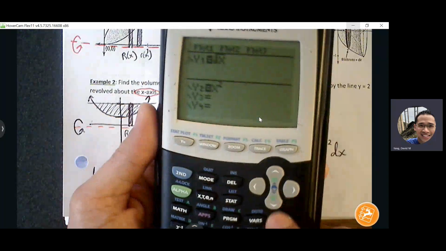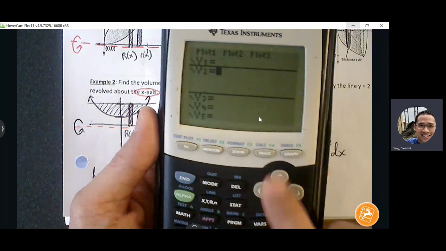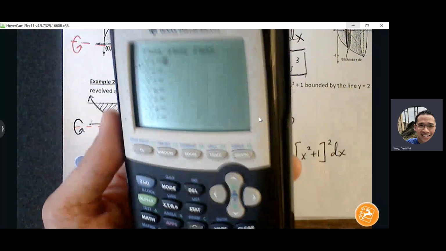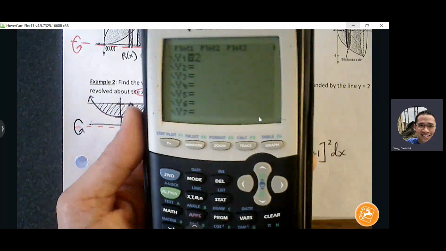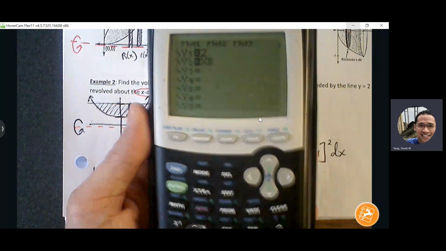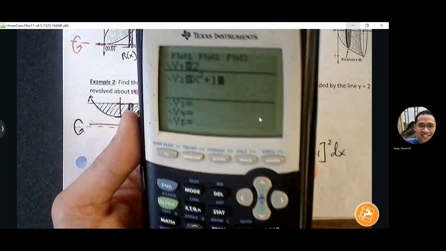Okay, put your big R and little r in separate y1 and y2. That's my suggestion. You can enter it all into this home screen at once if you like, but this is how I like to do it.